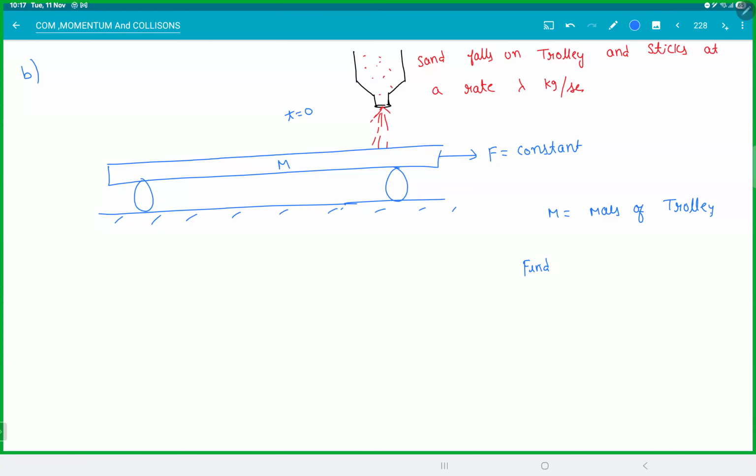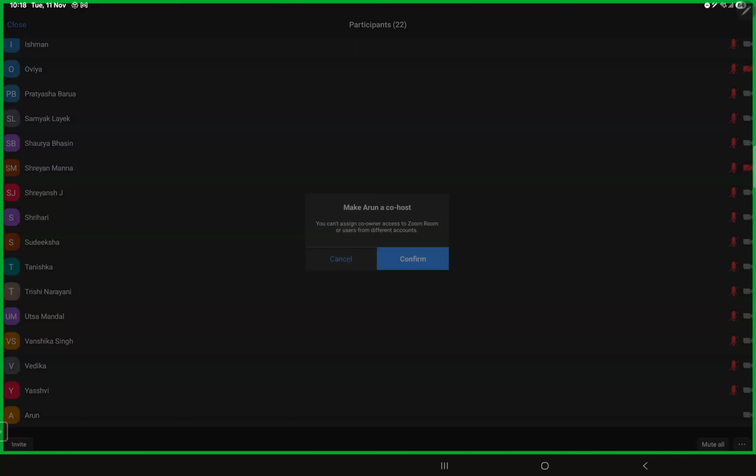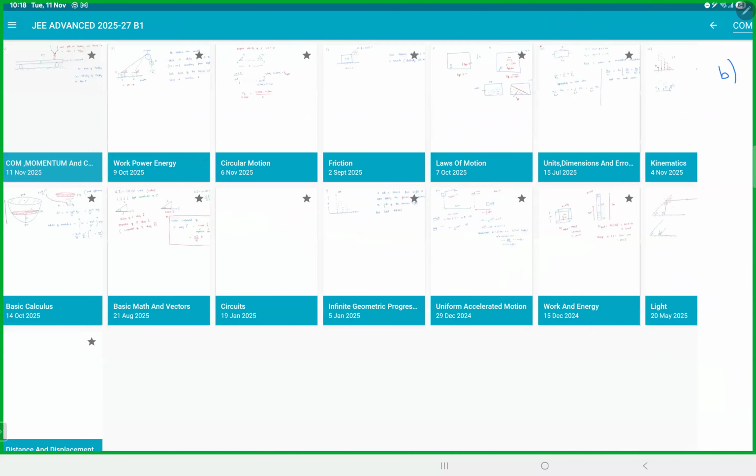Both are similar. In one case, the sand is already there, you're leaking. Second case, sand is falling onto the trolley. This question is exactly the same question as this.